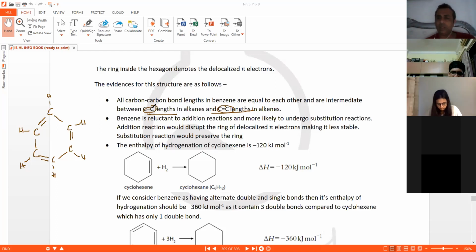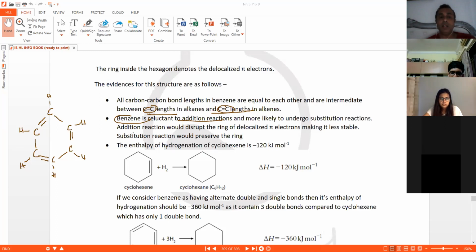We learned resonance in bonding, exactly the same thing. Second thing, benzene does not undergo addition reaction. If it had double bonds, it would have undergone addition reaction. As you know, bromine gets decolorized in alkenes because of the double bond. So there is no double bond here.